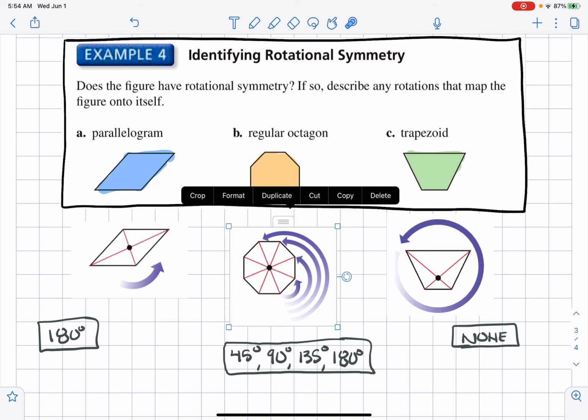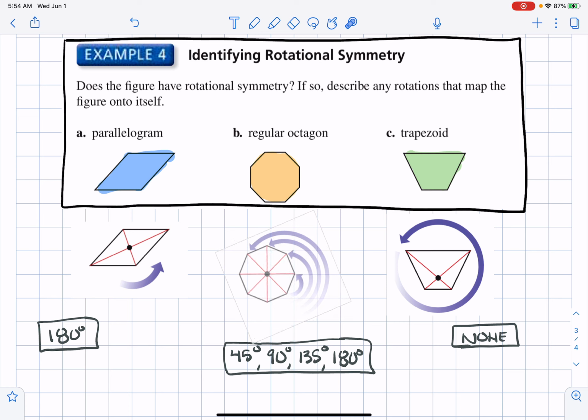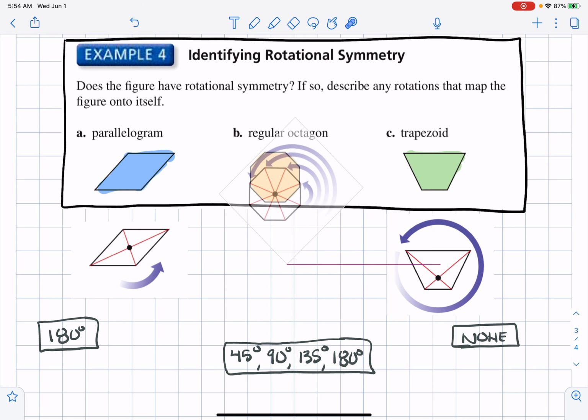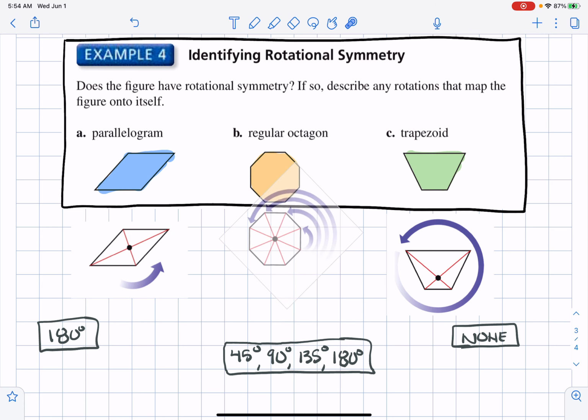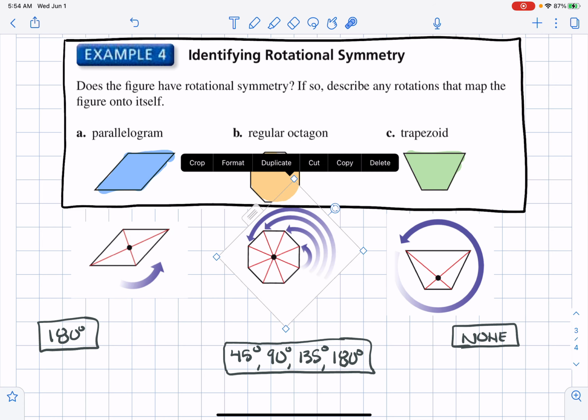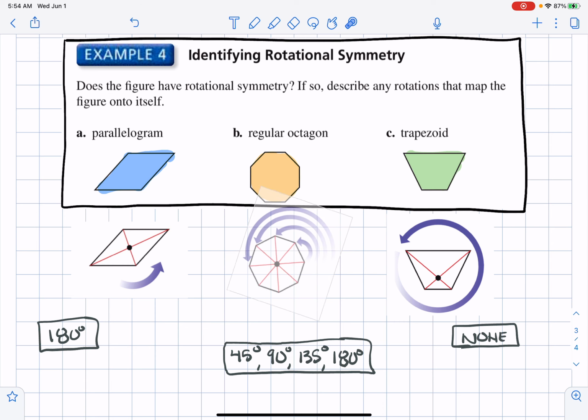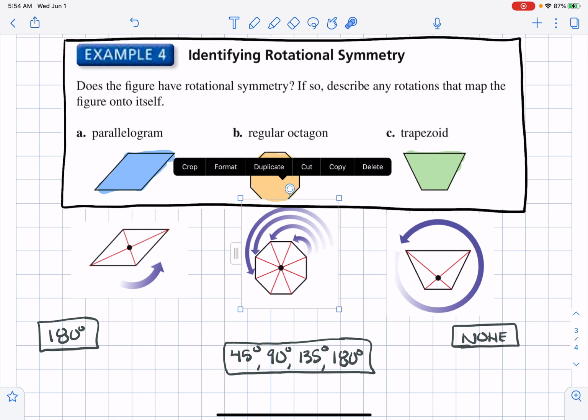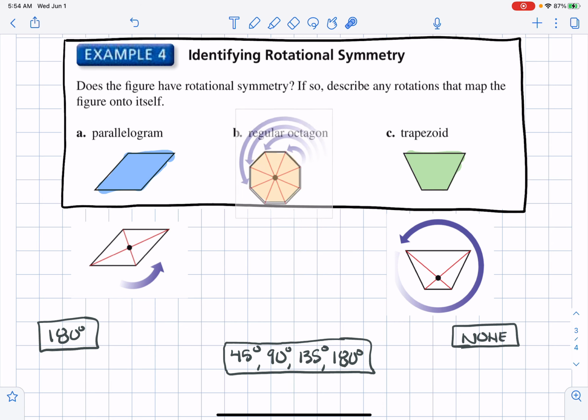In this one, I said 45 degrees, 90, 135, and 180. So here's how I came up with that. If I go 45 degrees, that looks like just one little turn. Can I map this back onto itself? And yes, I can. So 45 degrees counts. What about 90 degrees? There's a 90-degree rotation. Can I map it back onto itself? Yep, I can.